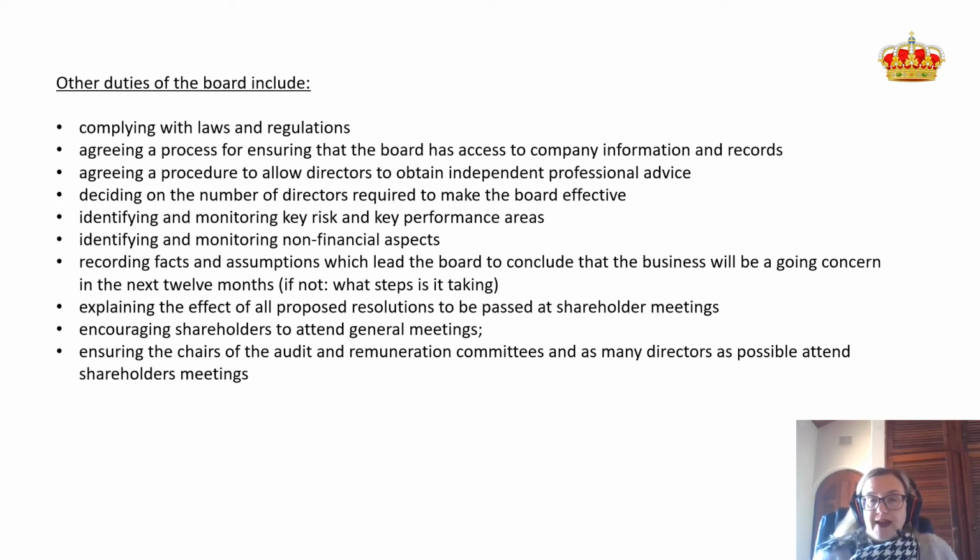We also need to consider how we record facts and assumptions that we use in order to make very important business decisions, such as going concern statements. How do we know that the company is going to remain in business for the next 12 months, which is the content of a going concern statement? We need to be able to record those facts and assumptions on which we base that belief.